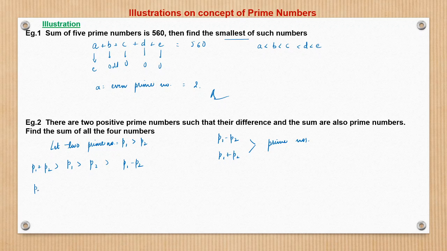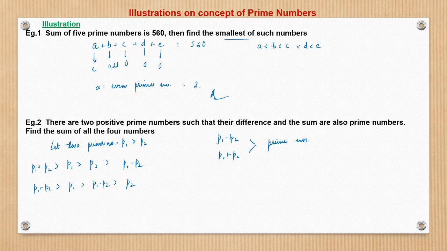Now the other could be P1 plus P2 for sure will be the largest of all, and P1 being greater than P2 will be again more than this. Now P1 minus P2 can be greater than P2. This could also be one of the cases, right? Okay, so these are two possible orders of the seniority of the numbers.